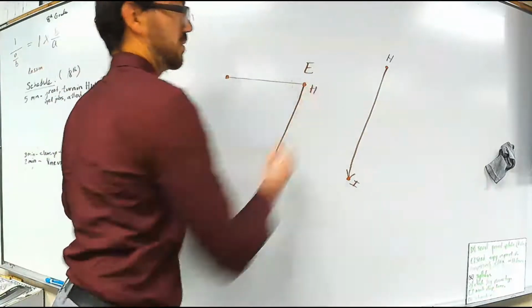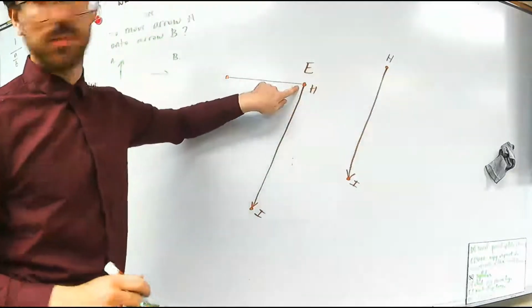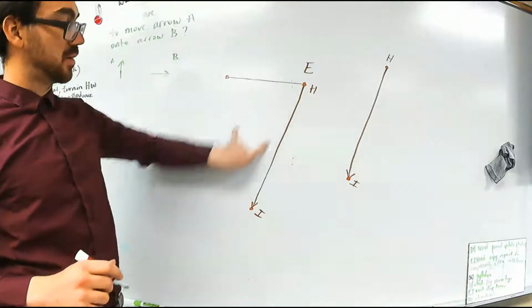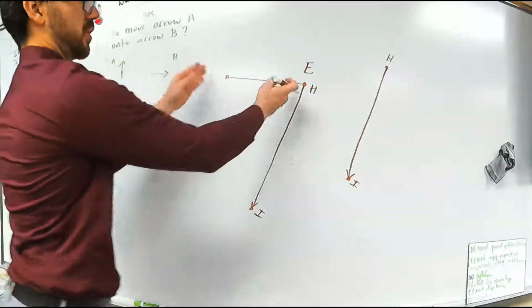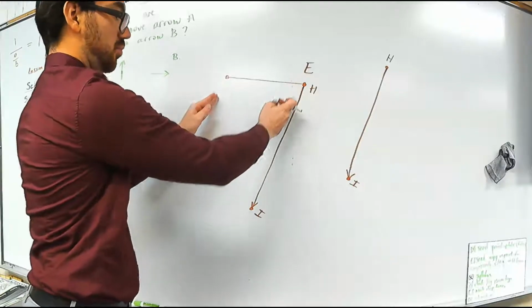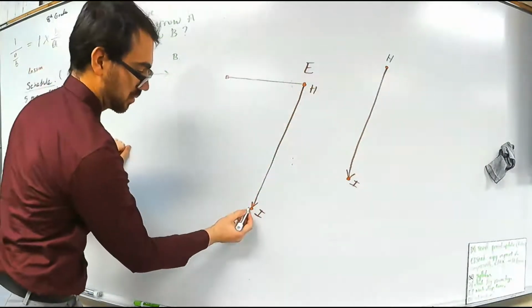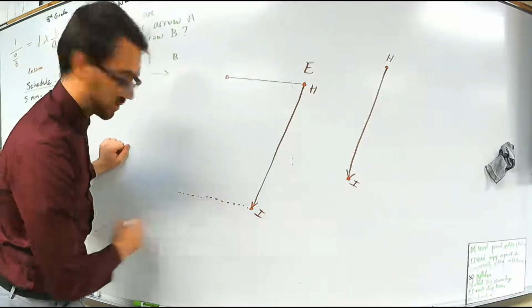This point is also H. I attached this line starting at H on point E, and I'm going to translate this line all the way down using this vector. So go ahead and think of it as a slide. Is that pretty good?